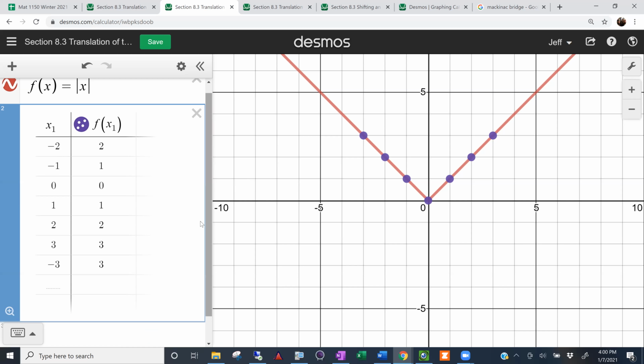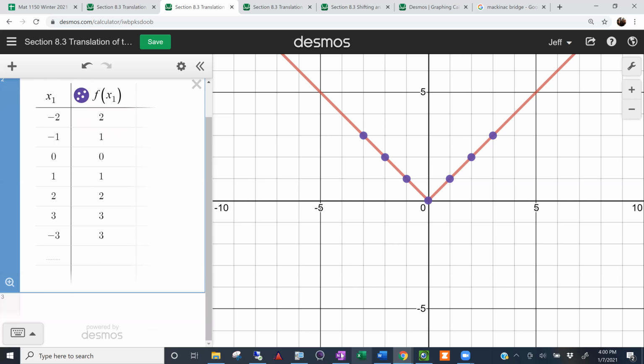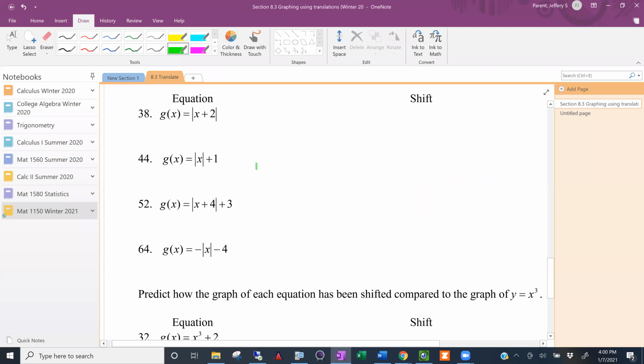So we'll start out with, well, let's see. Let's take a look at the handout. The absolute value of x plus 2. Now think about the parabola. If this was x plus 2 in parentheses, what kind of a shift is that 2 going to cause? It's going to be shifted to the left by 2, to the right by 2, up by 2, or down by 2?